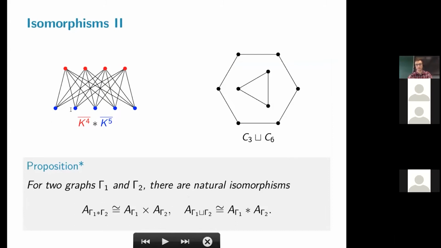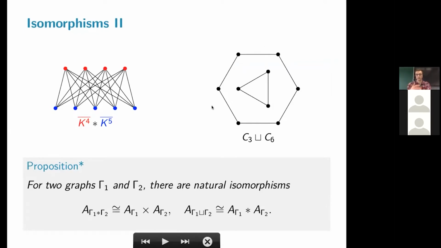And we take the simplicial join with a graph on 5 vertices with no edges, and we get this full graph as a simplicial join. And then here, as a disjoint union, you just take a triangle and a hexagon, you put them together and you get a new graph. So we view this graph as one, not as 2 individual graphs, but just one graph.